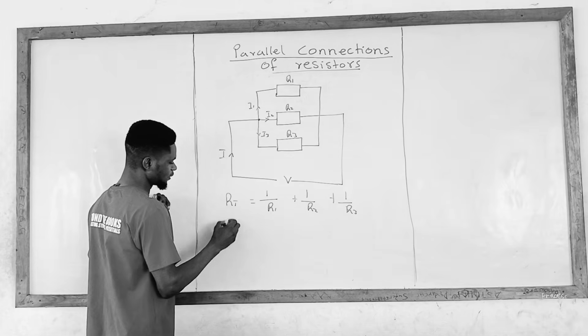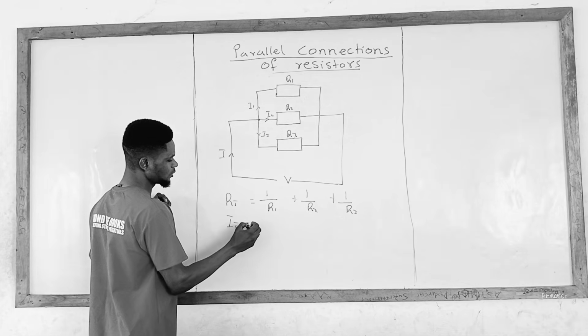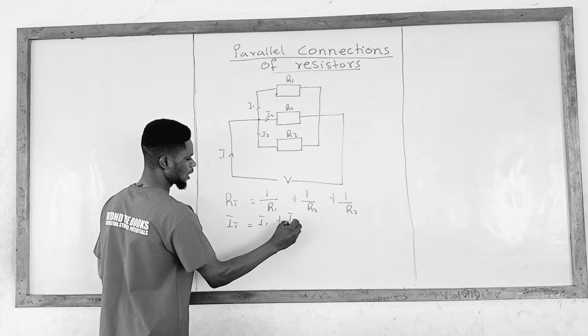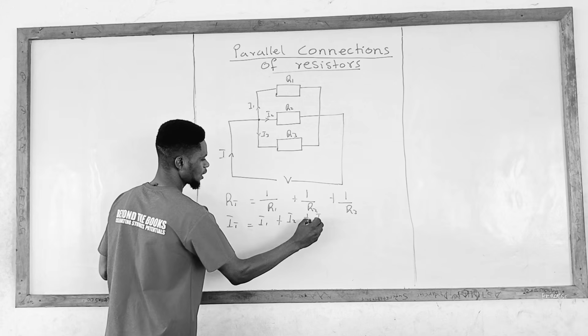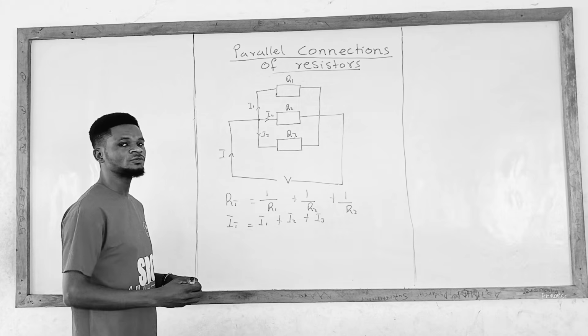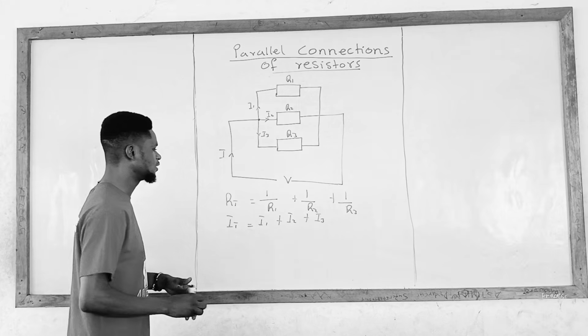Now total current in parallel. Total current is equal to I1 plus I2 plus I3, also dependent on the number of resistors in the circuit.